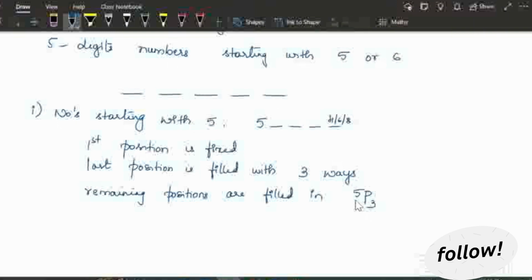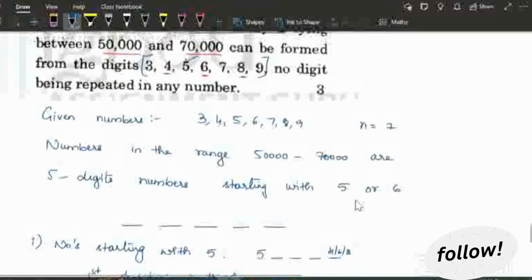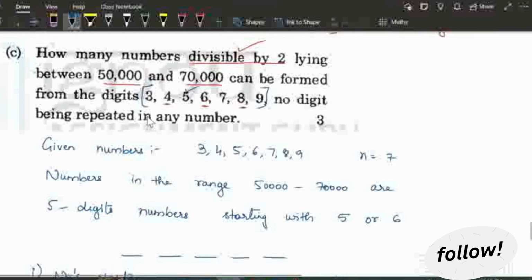Is this clear, everyone? So understand here carefully. The number should be between 50,000 and 70,000, so the number should start either with 5 or with 6. Now let us consider how many numbers start with 5 and how many numbers start with 6.